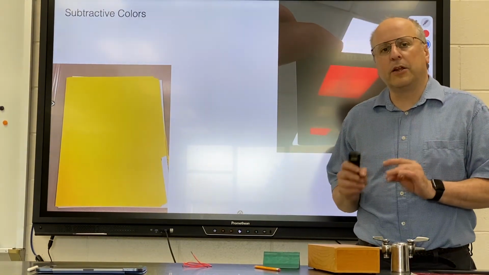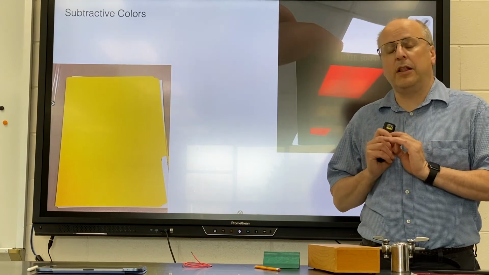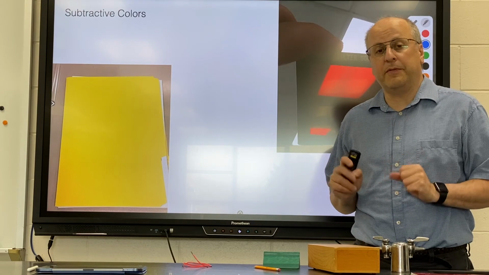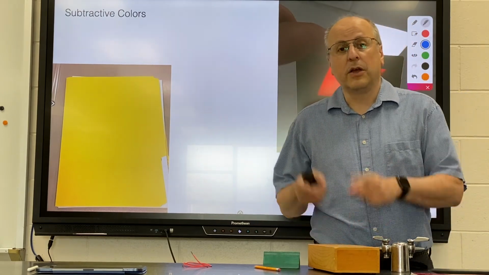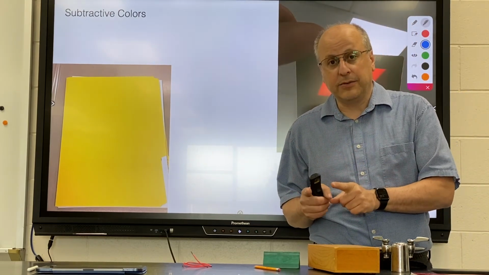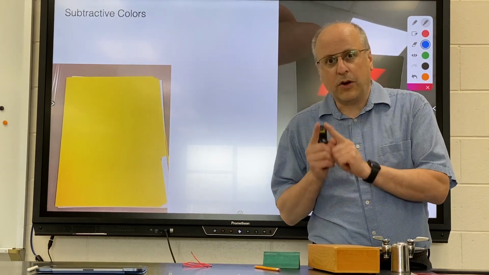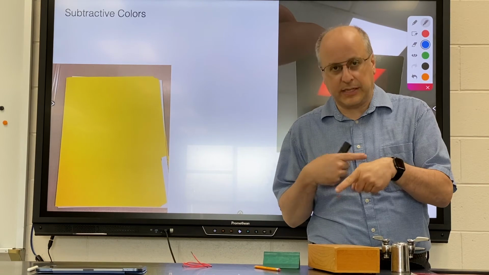I know it's a little bit confusing, so if you take nothing away from today's lesson other than these ideas, I'll be very happy. And that is adding lights together and adding dyes and pigments together are the exact opposite process.